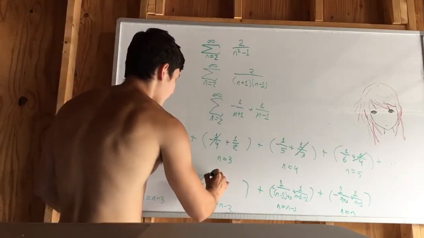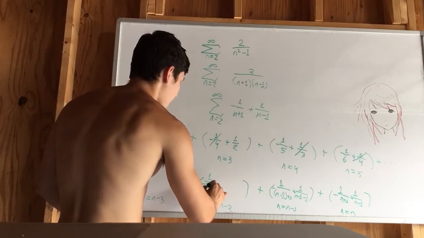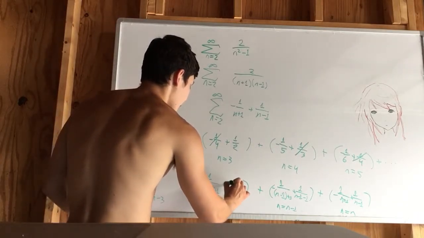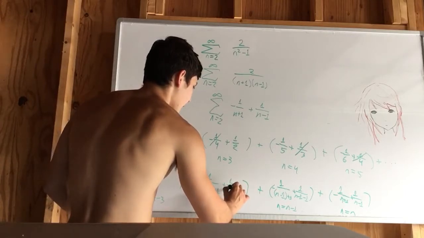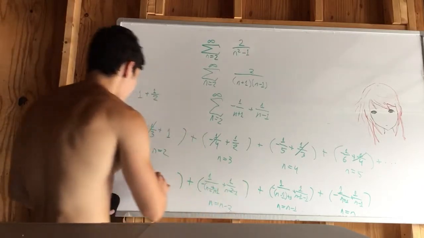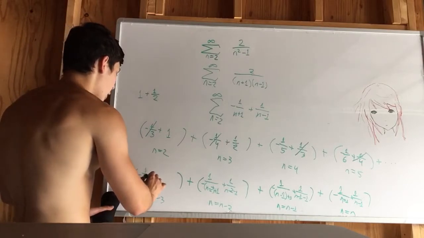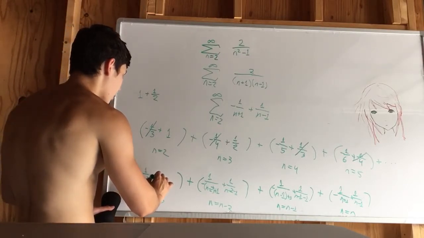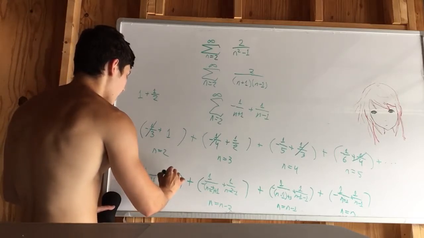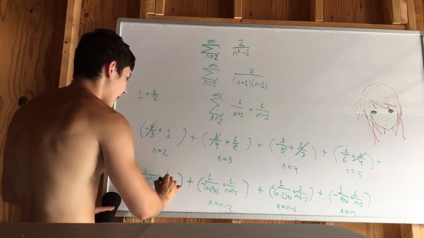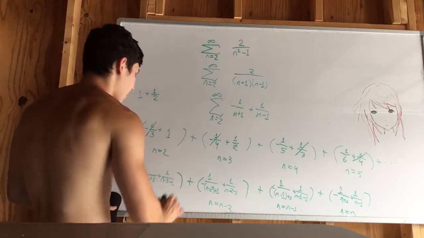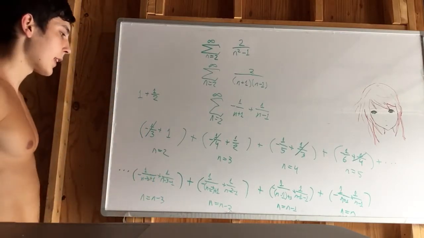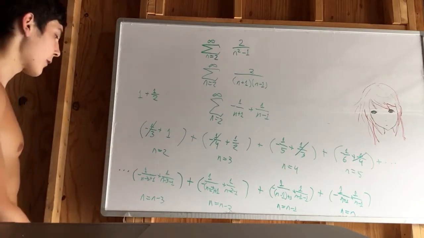So we have negative 1 over n minus 2 plus 1, plus 1 over n minus 2 minus 1, negative 1 over n minus 3 plus 1, plus 1 over n minus 3 minus 1. Okay, so this is how we're looking at the last 4 terms.